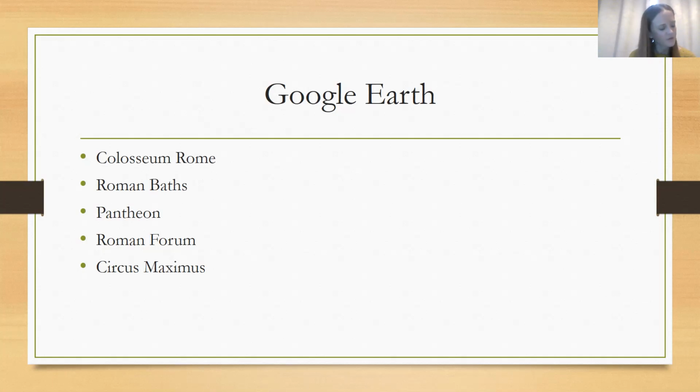We're going to look up the Roman baths, the Pantheon, the Roman Forum, and the Circus Maximus. So pause the video now and write down the things that you can go and have a look at. And then I will be doing it with you.